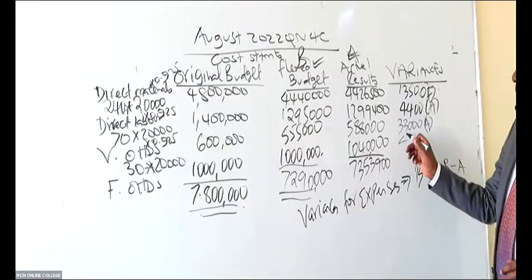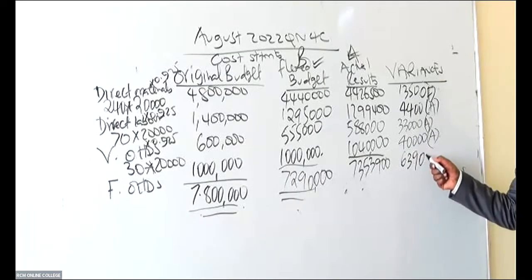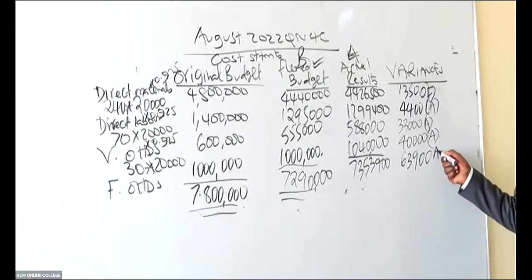Can you kindly give me the total variance? Take this minus this: 7,290,000 minus 7,353,900. 63,900. Adverse or favorable? Adverse.